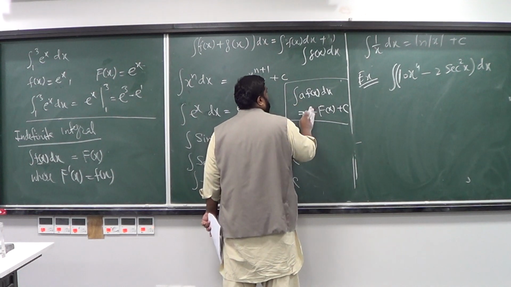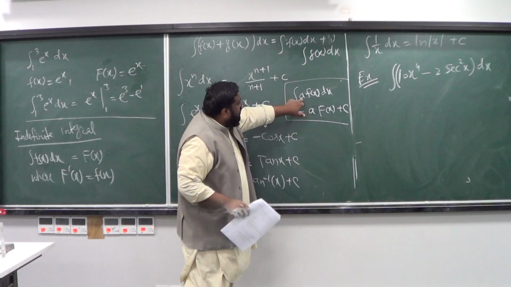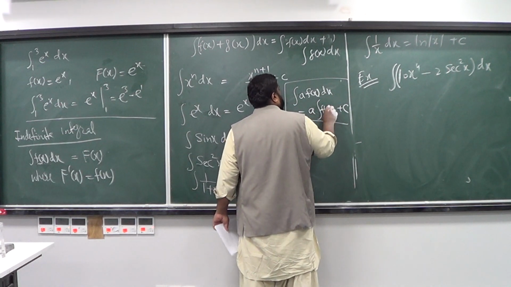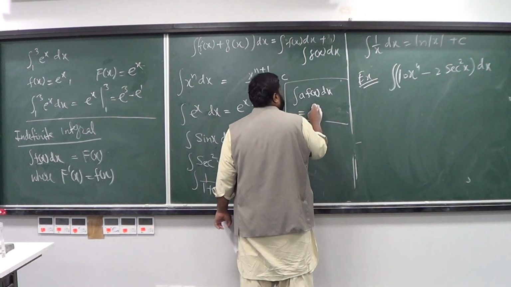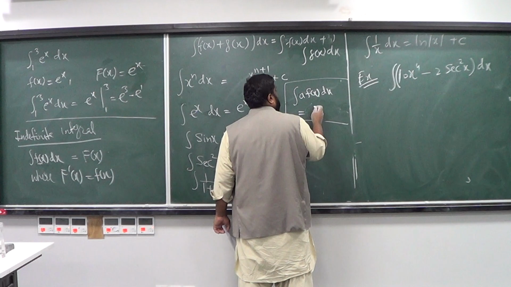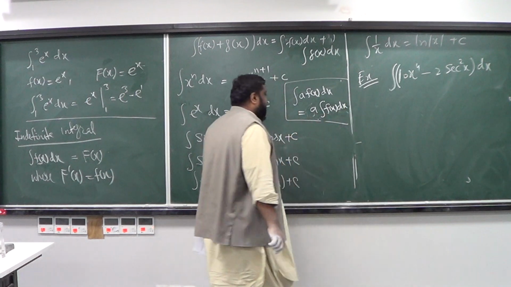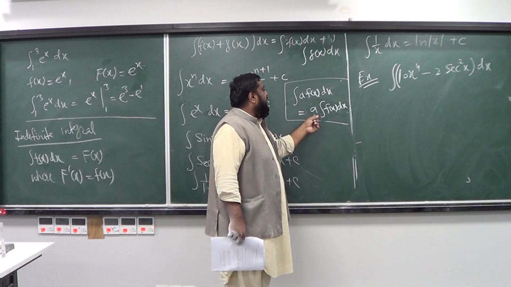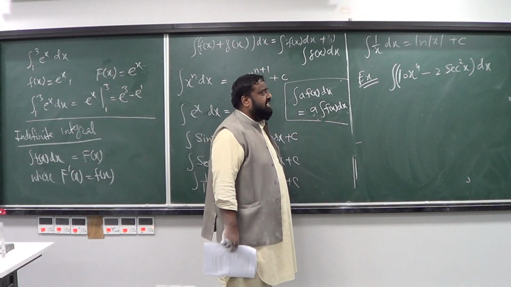So if this is a, you can have a times f of x plus c. In other words, you can pull the constant out of the integral and integrate first. So the antiderivative of a times f of x is equal to a times the antiderivative of f of x actually. So that definite integral is really the antiderivative.